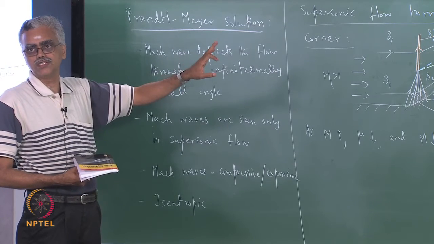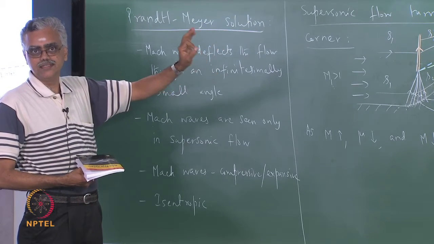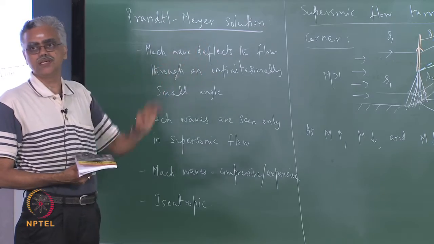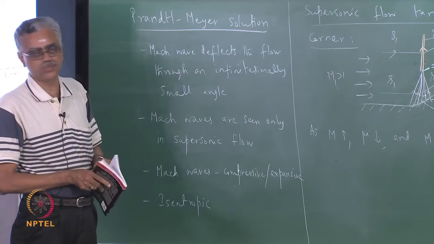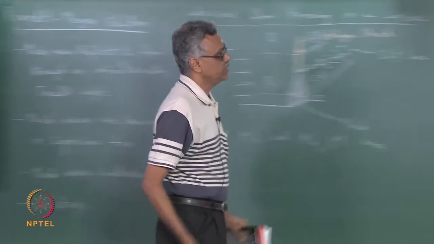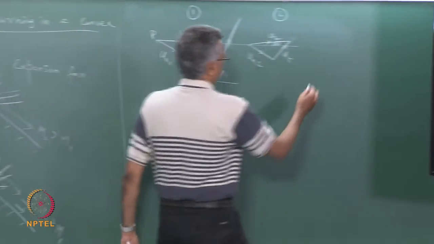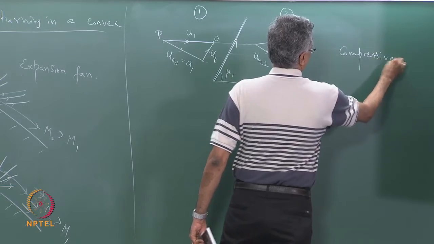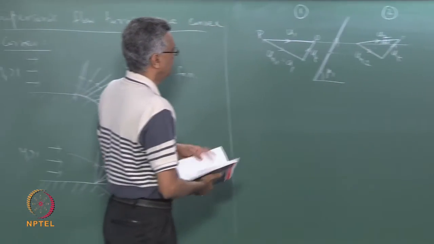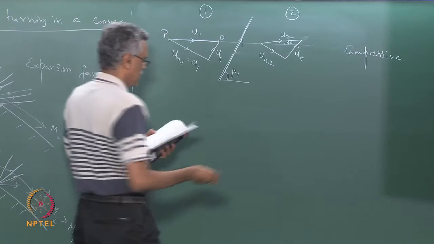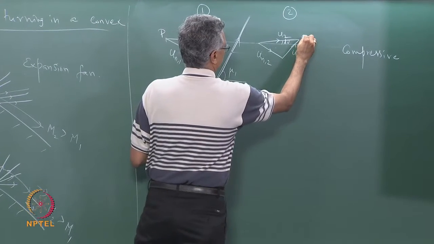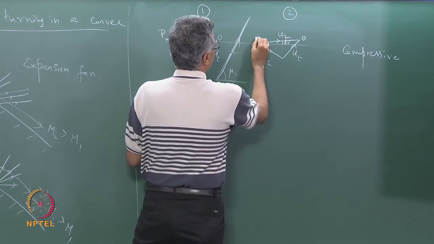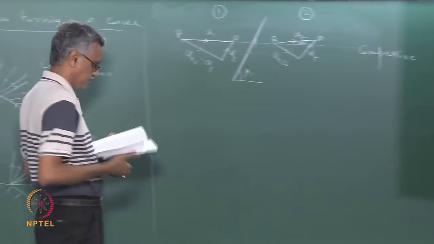For now, we have shown it as d nu to indicate that it is infinitesimally small. Later on, we will actually make use of the fact in our mathematical derivation also. So this is the compressive wave solution. And let me label the vertices like this. Let me call this O and let me call this vertex R.